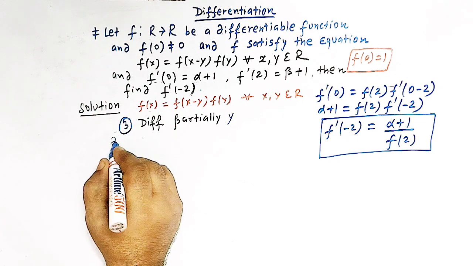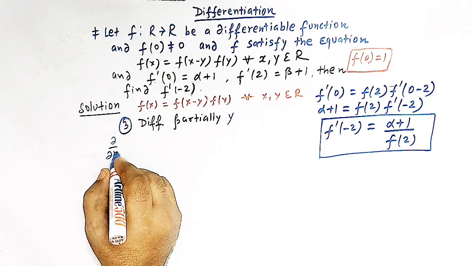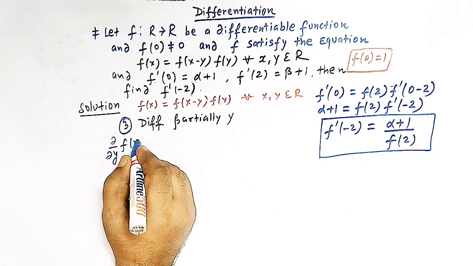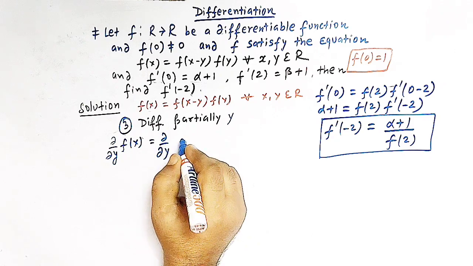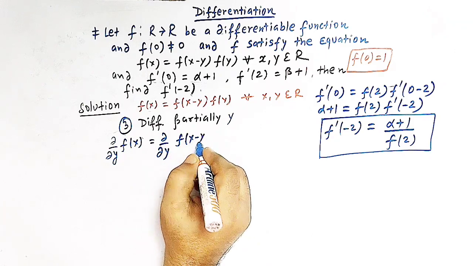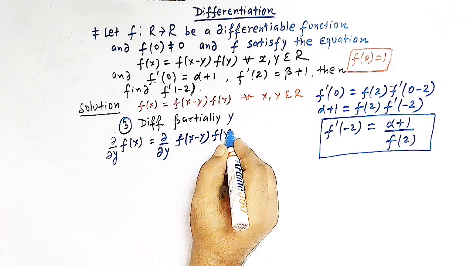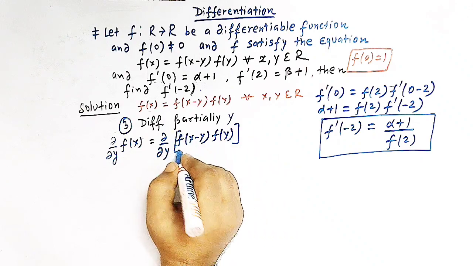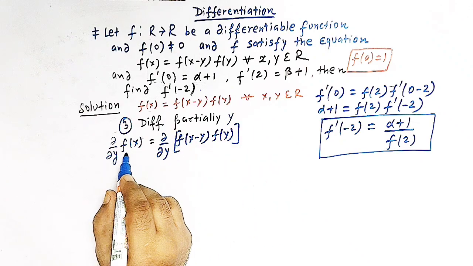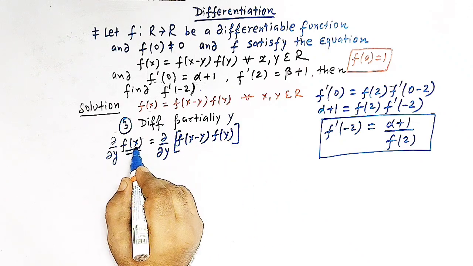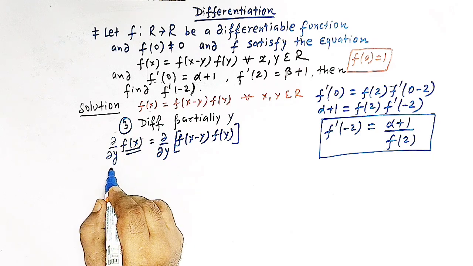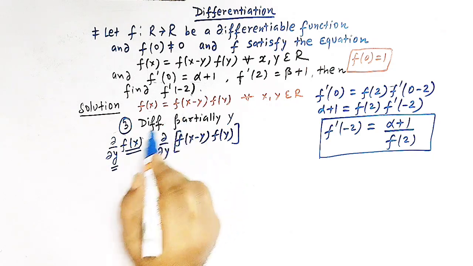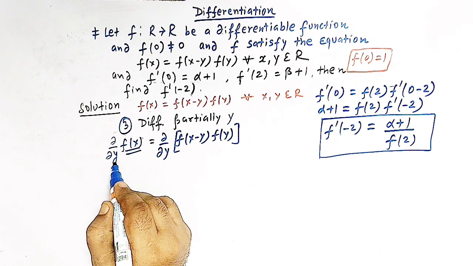So now we can write ∂/∂y of f(x), and here ∂/∂y of f(x − y) f(y), right? Now see, on the left hand side f(x) is a function of x only, and here we have to differentiate f(x) with respect to y.